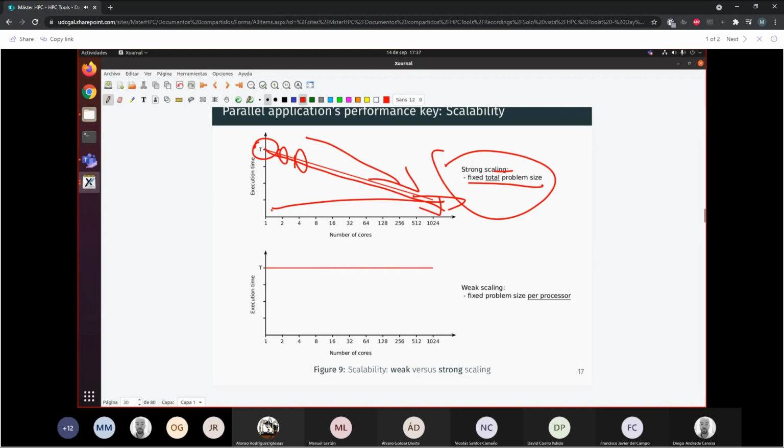When you use 4 cores, you multiply by 4 the problem size, and so on. The idea is that if your parallelization is perfect, you are going to get an almost horizontal line for the execution time, okay? This is just a matter of how you represent it, okay? And what you want to show and you want to prove.